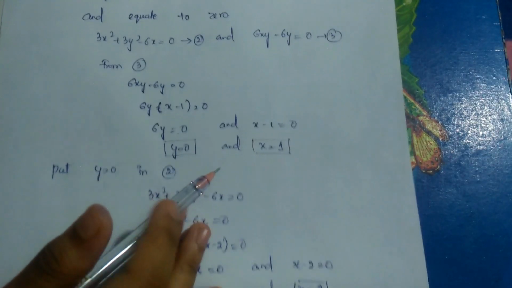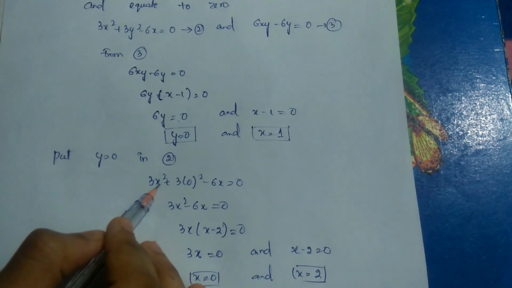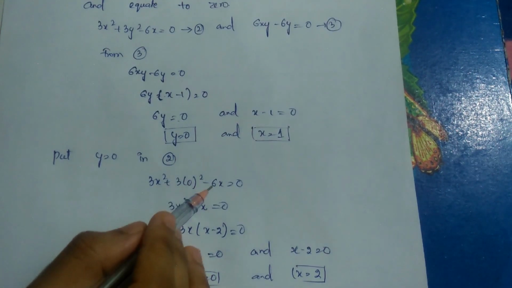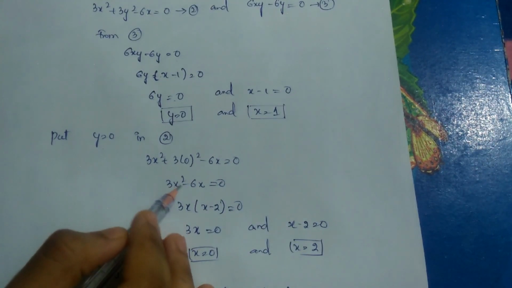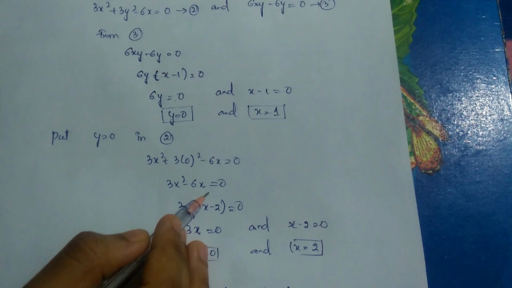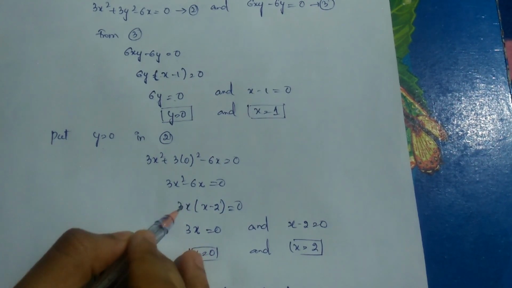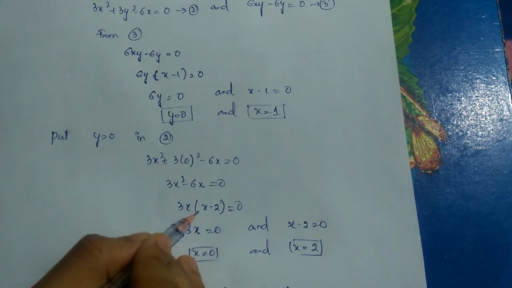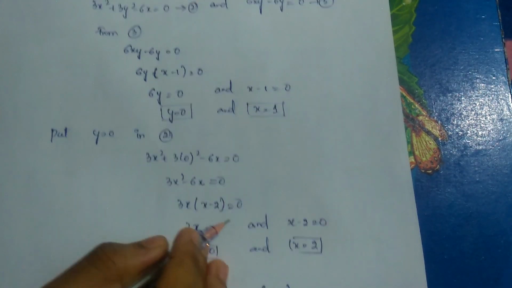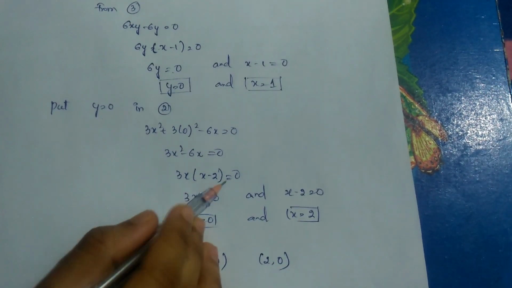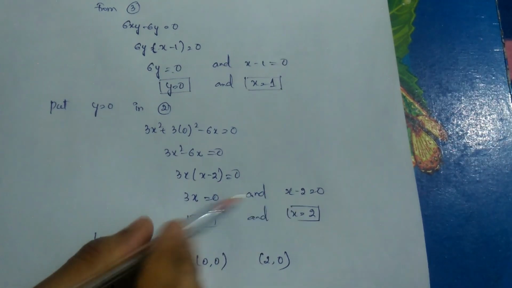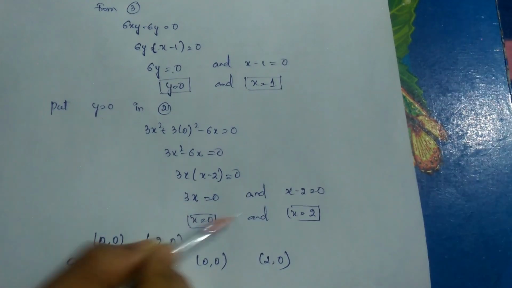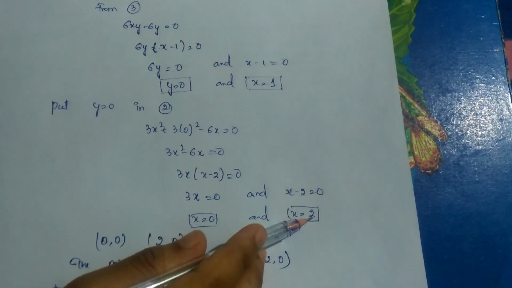When you substitute here, 3x square plus 3 of 0 square minus 6x is equal to 0. That comes as 3x square minus 6x equal to 0. From this, if you take 3x common, that is 3x of (x minus 2) equal to 0. From this, 3x is equal to 0 and x minus 2 is also equal to 0. So x is equal to 0, and x is equal to 2.